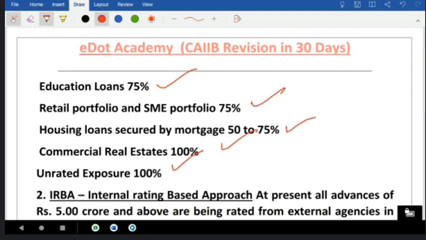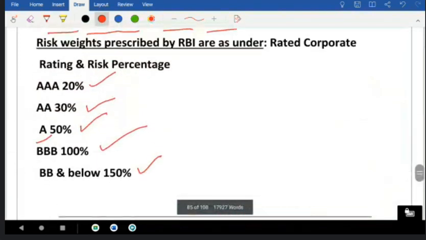Okay, so this is the standardized approach. Our banks are following this type of approach. As per the risk rating done by the external agencies, the risk factor is taken into account.